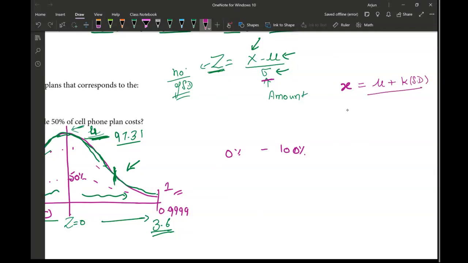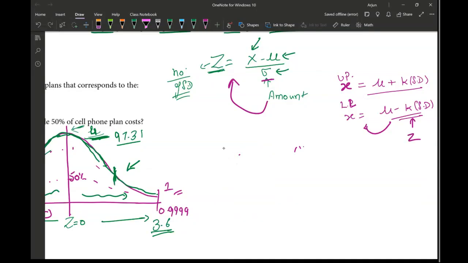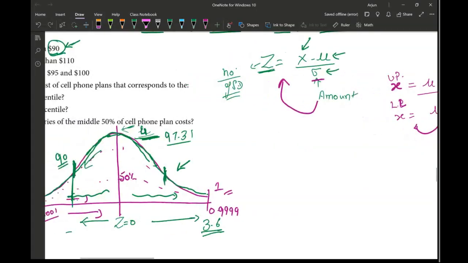And the lower limit was x equal to mean minus k times standard deviation. So it's exactly the same thing now. It's just rearranged and written in this format, and k is being replaced with z. That's the only difference. All right, now let's talk about this question.